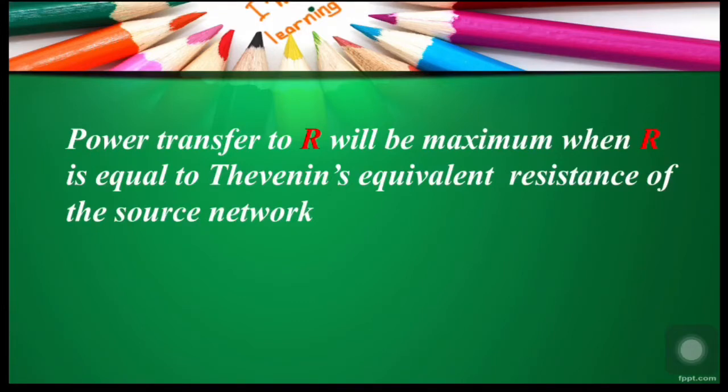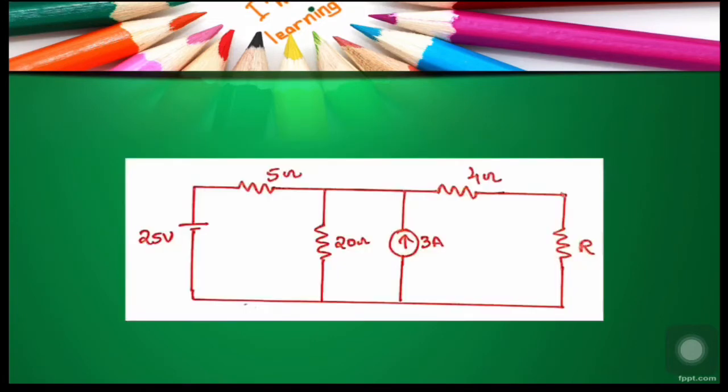Now, have a look at the network given in the question. Here, R is the load resistor and this is our source network. For maximum power transfer, this load resistor R should be equal to the Thevenin equivalent resistance of this source network.